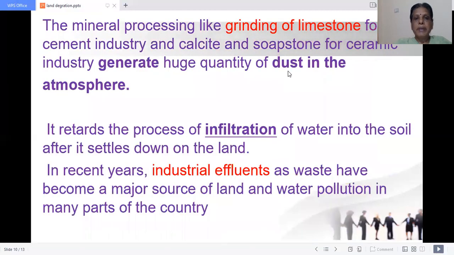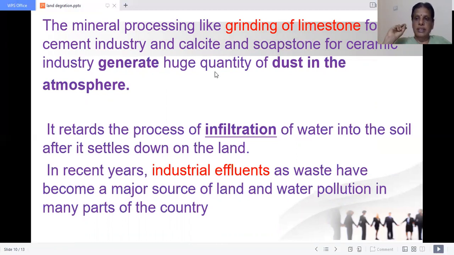Okay. The fourth reason, apart from overgrazing, over irrigation, and mining, is mineral processing. Grinding of limestone and soapstone for the ceramic industry generates huge quantity of dust in the atmosphere.